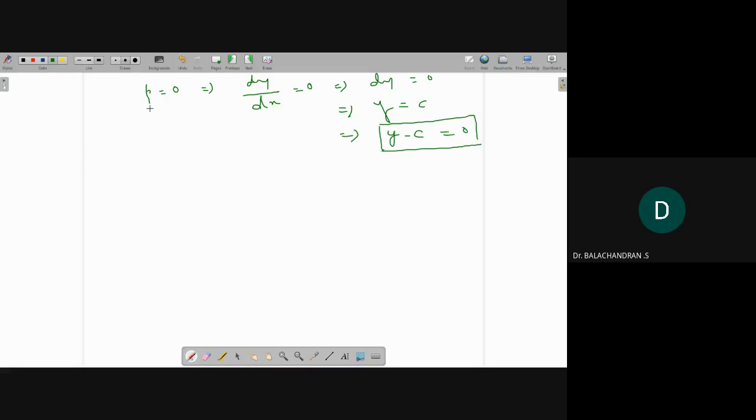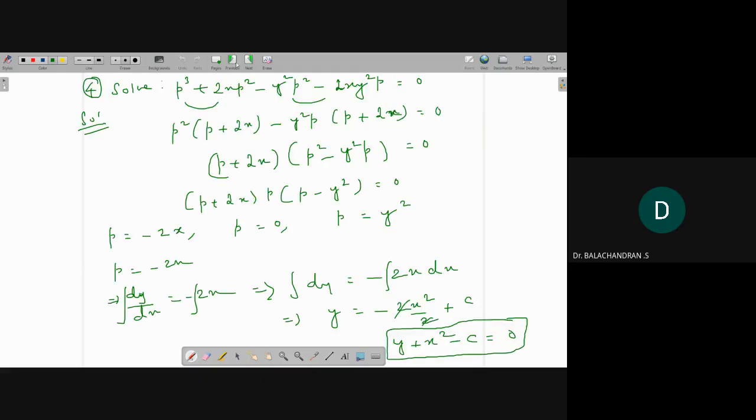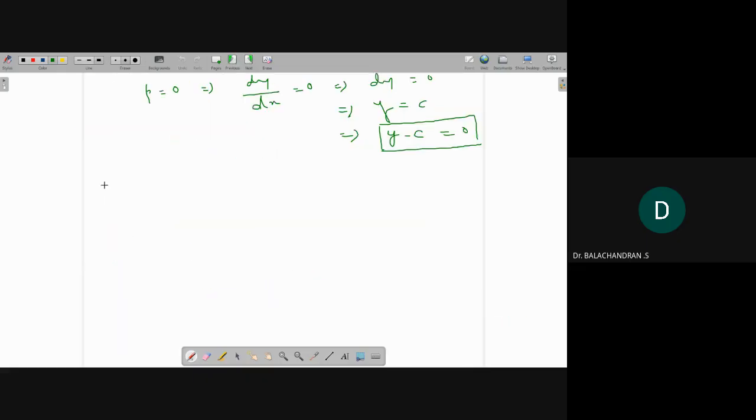And the third possibility is p equal to y square. So this implies we write dy by dx equal to y square, or dy by y square equal to dx.